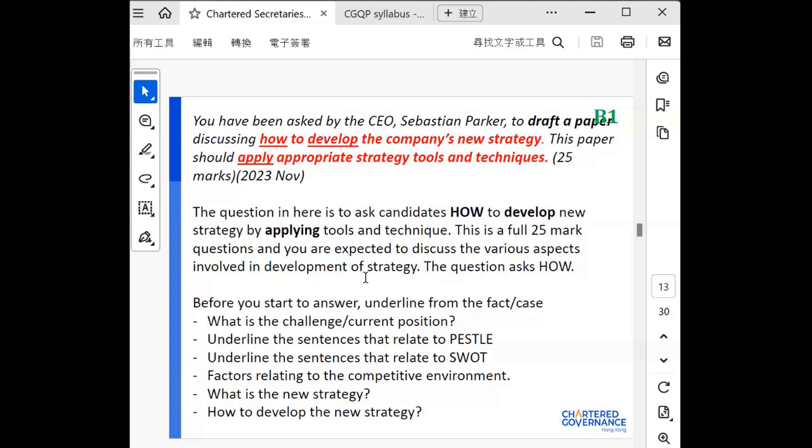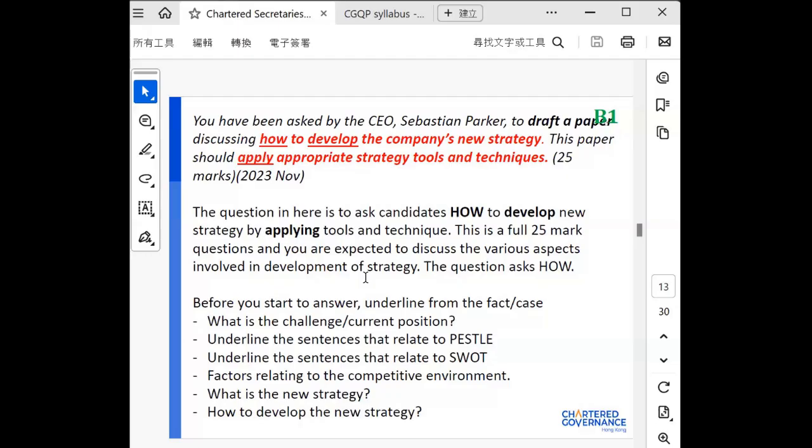But before we look at this one, just like in any of the cases, we need to find out the current position first. So when we find the current position, we have to do the PESTEL analysis.